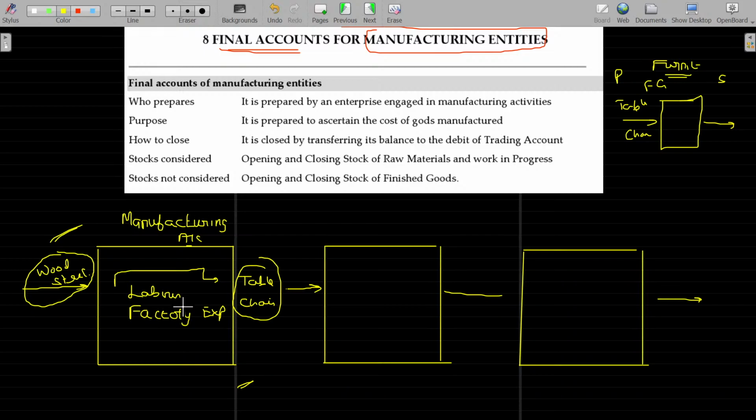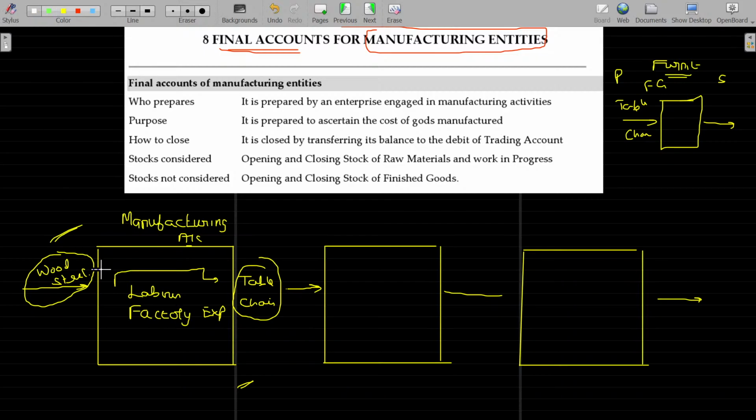In CMA Foundation, we have the costing paper, especially the cost sheet. In that cost sheet, we call these factory overheads. Any cost you incur in the factory will be called factory overhead. All these expenses will be grouped and posted on the debit side of the manufacturing account.